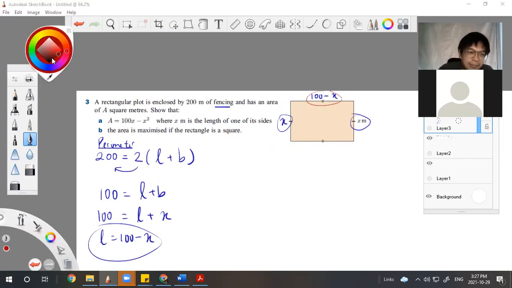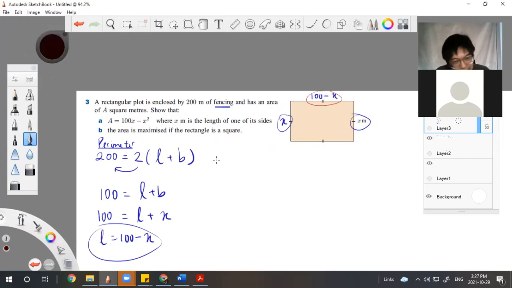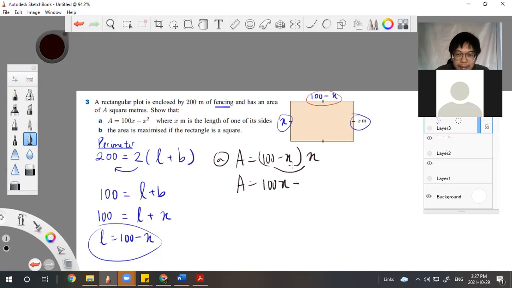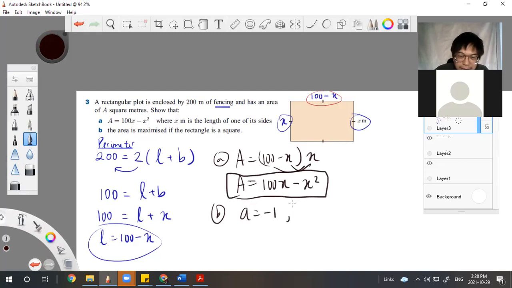What is the area? Area is length times breadth, so 100x minus x squared. Done. We show that the area is maximized if the rectangle is a square. We want to maximize this, right? So a is negative 1, b is 100, c is 0.